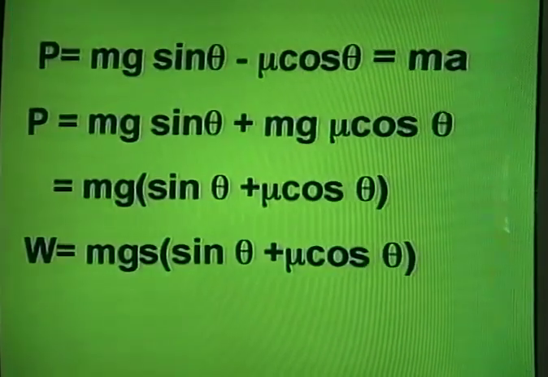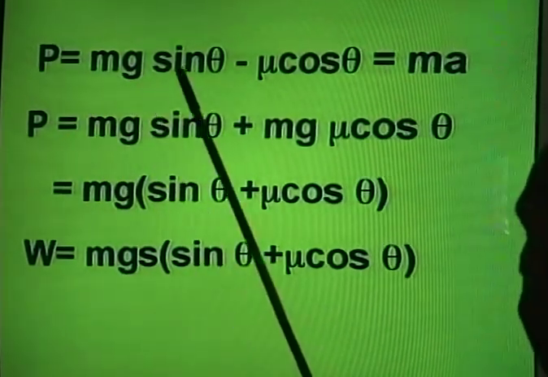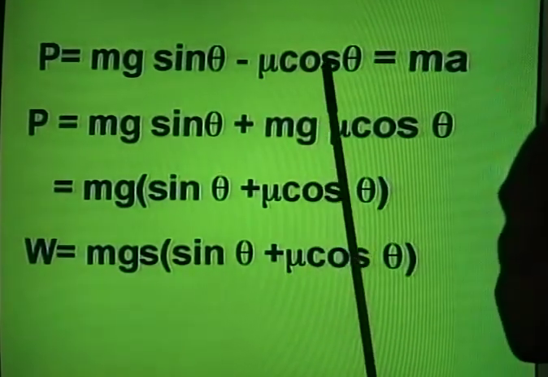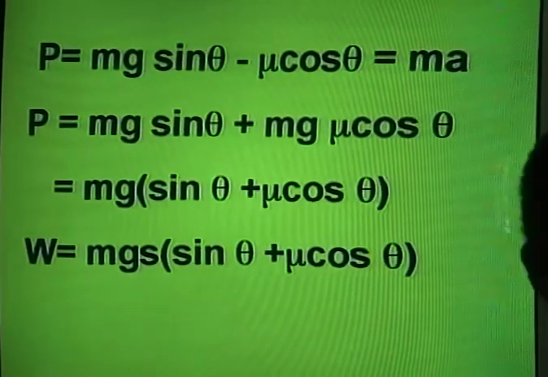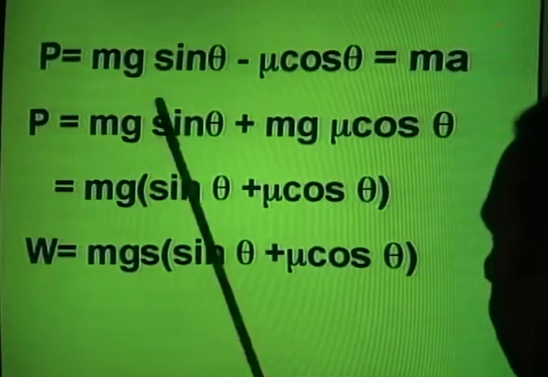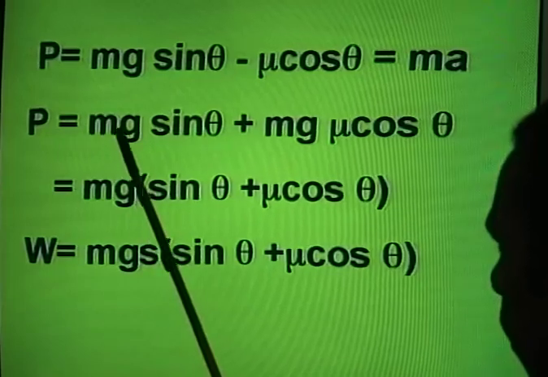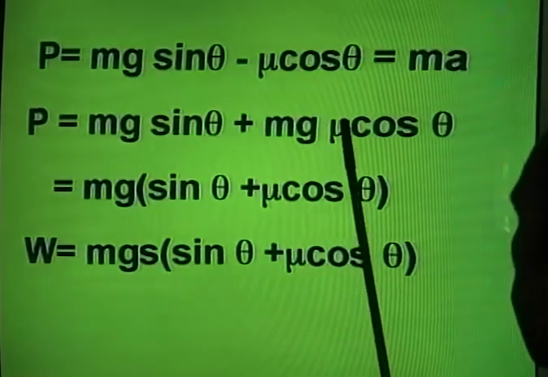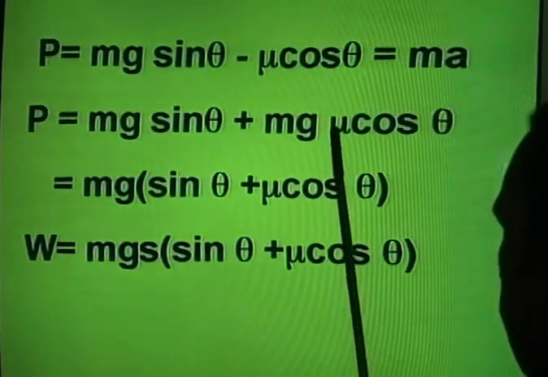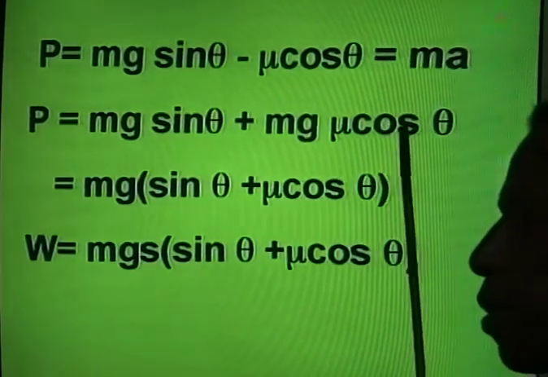Using that equation, if you want to find the work done, P equals mg sine theta minus the coefficient of static friction times cos theta, with the same angle, giving you mass times acceleration. When you combine this, you come up with mg sine theta plus mg times the coefficient of static friction times cos theta.